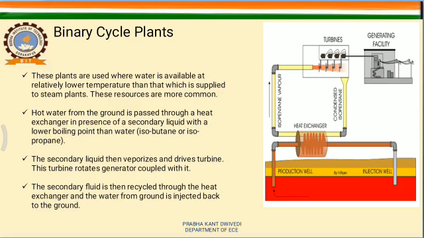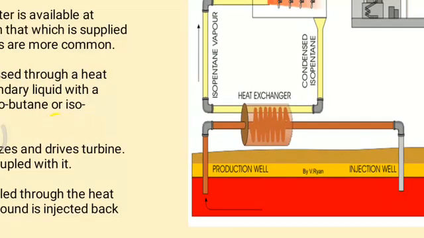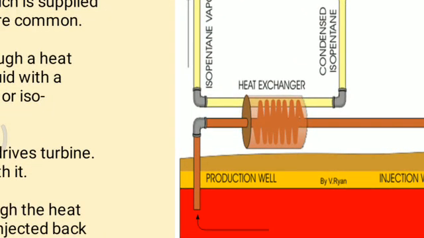So the hot water from the ground passes through the heat exchanger. This heat exchanger contains another liquid, which is either isobutane or isopropane. When the hot water passes through the heat exchanger, this liquid receives heat from the hot water from the ground and is converted into vapor.